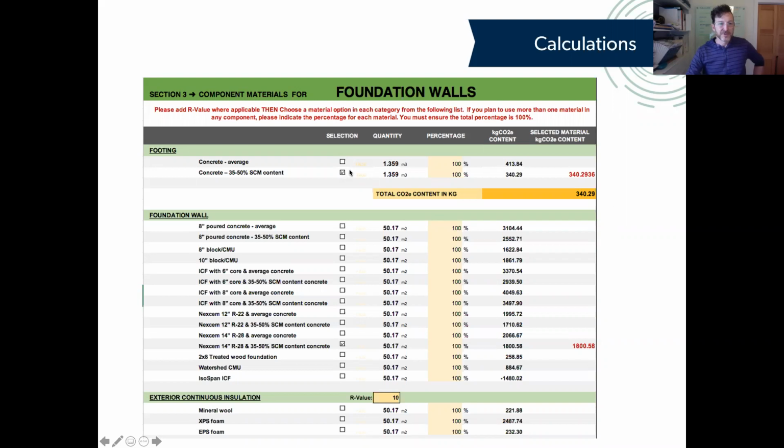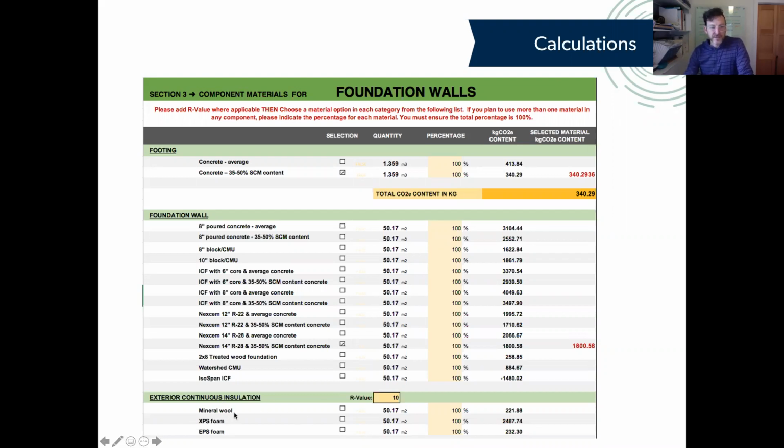You put your tick bar there, and it brings that answer back to the main sheet. What I like about our calculator is that as soon as you put in your dimensions, it populates this sheet. So I can scan this list of different ways I can build a foundation wall, and right away I can see where the materials that are better or worse than others might lie, and do some comparing right there.